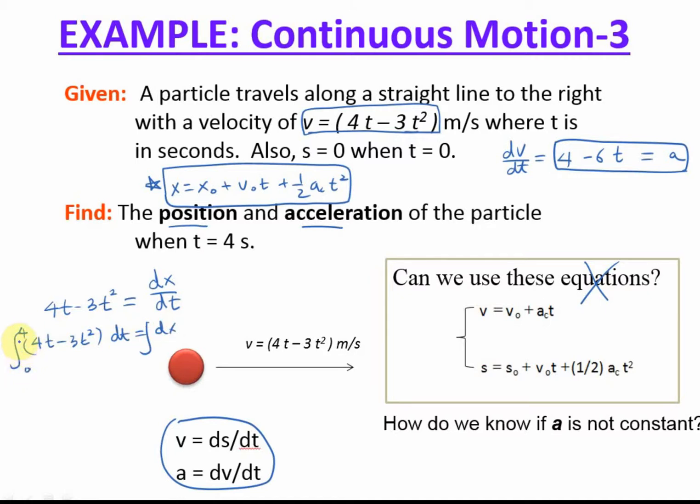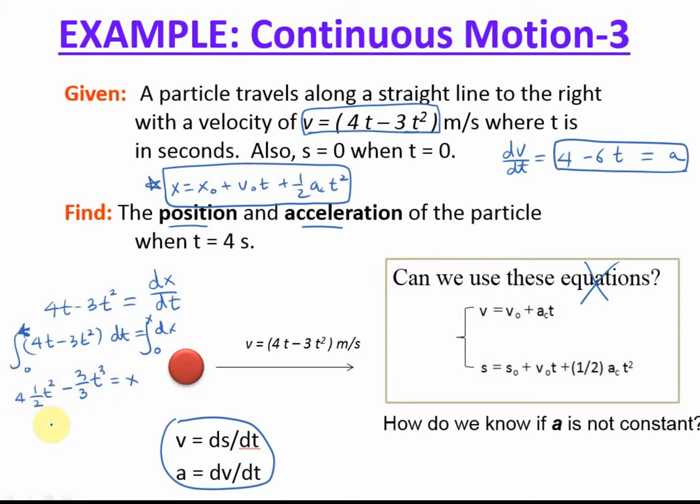But before you put in the finite time, you can just use the variable t, from 0 to x. If you do the integrations, this one should be 1 over 2 t squared, and this one should be 3 over 3 t cubed, equal to x.